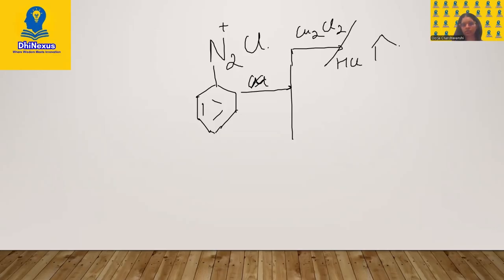What I get is a chlorobenzene. This is called the Sandmeyer reaction. You can also prepare bromobenzene by this method.